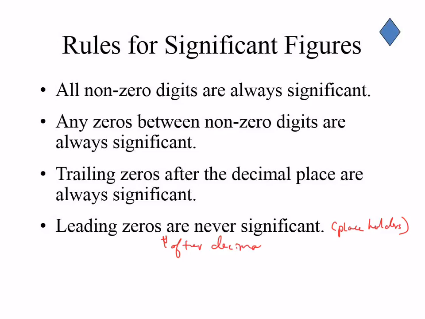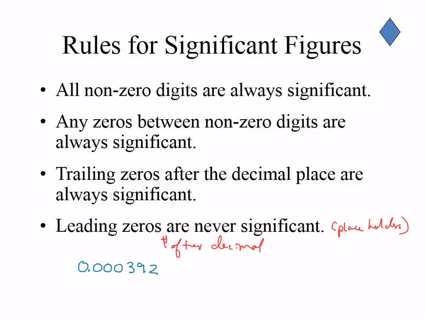Here's what I mean by that, leading zeros after the decimal. This only works for very small numbers. I'm going to put 0.000, those are my leading zeros after the decimal, 392.